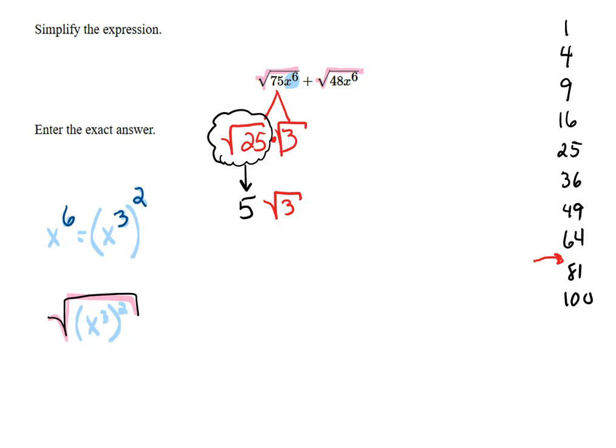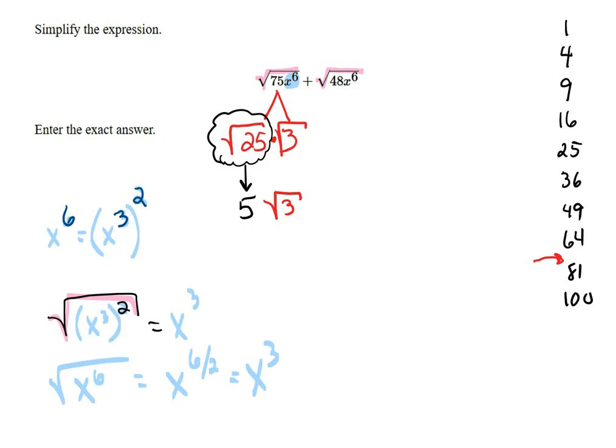This thing here and that thing there cancel each other out. So what you're left with is just the x cubed. Now the shortcut is just take 2. If I look at it as the square root of x to the 6th, I see that as an x to the 6 divided by 2, which is x to the 3rd. That's the shortcut, just dividing it by 2.